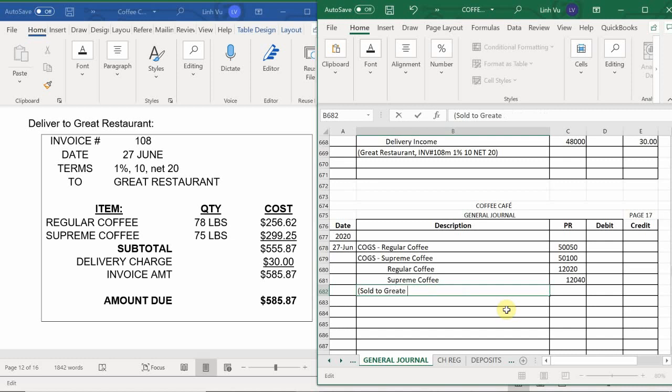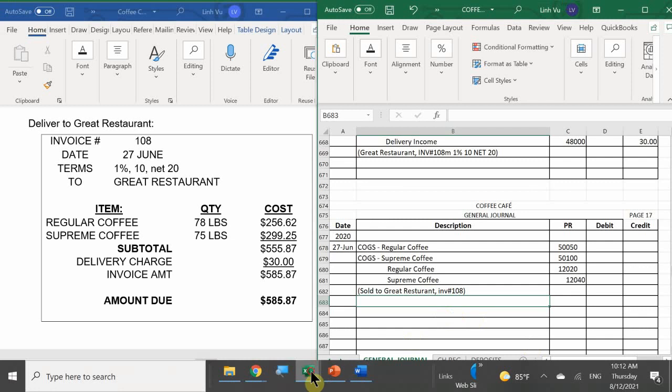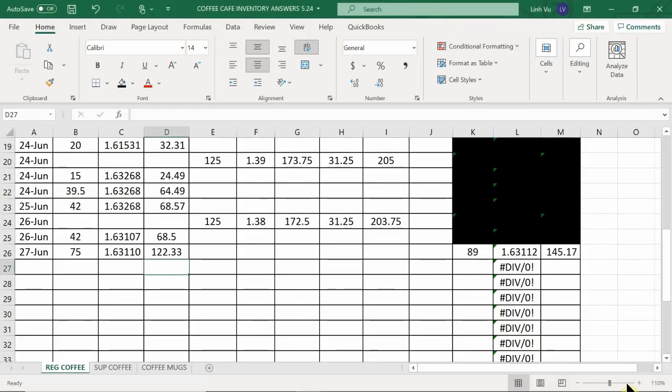Sold to Great Restaurant, invoice number 108. So I have to go ahead and update my inventory. So I sold 78 pounds of the regular coffee and 75 pounds of the Supreme coffee. So I'm going to go ahead and do my calculations here in my inventory worksheet.